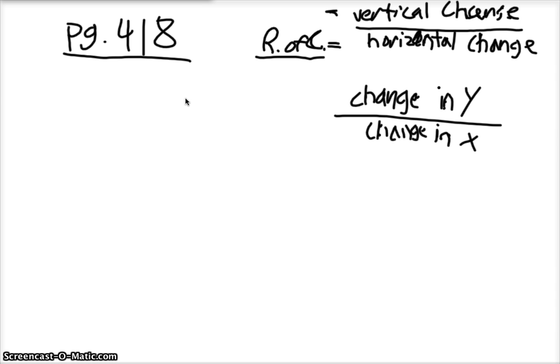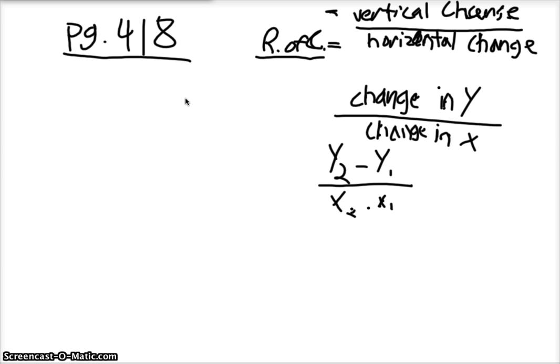A helpful formula for finding the change in the vertical points: we take the second y and subtract the first y, and divide it by the second x minus the first x, x1.